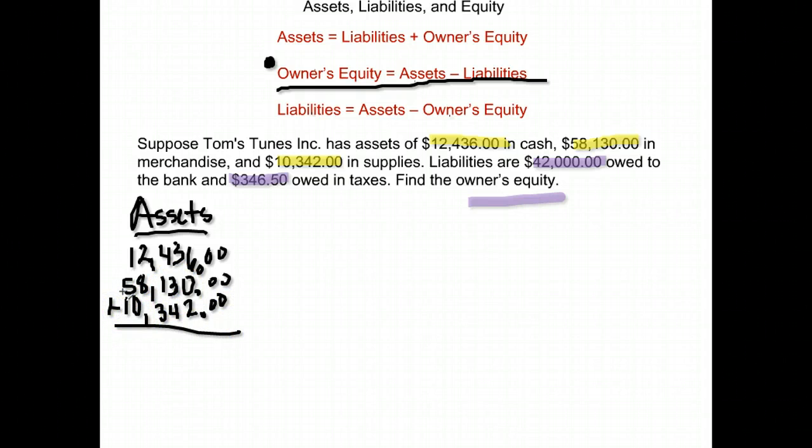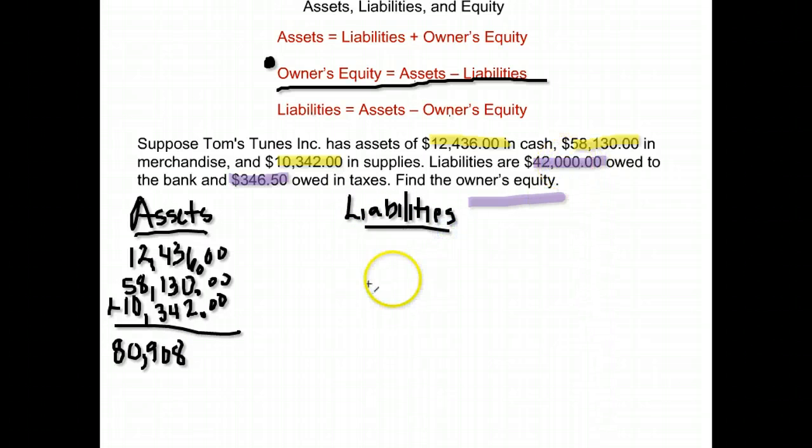Let's add those together to find out what we have for assets total. Okay, when we do that, we should get about $80,908.